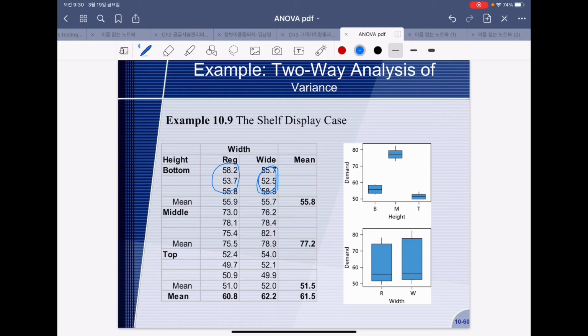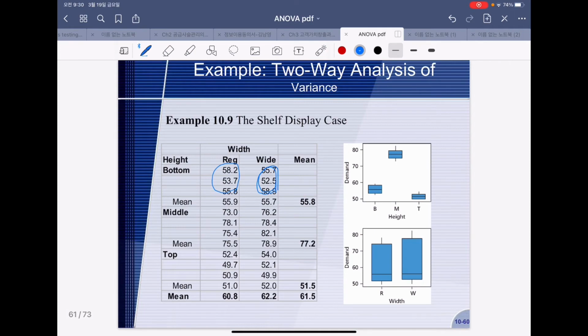This is different from the two-way analysis with no repeated measures. The only difference is that in this case we have to consider the interaction effect.